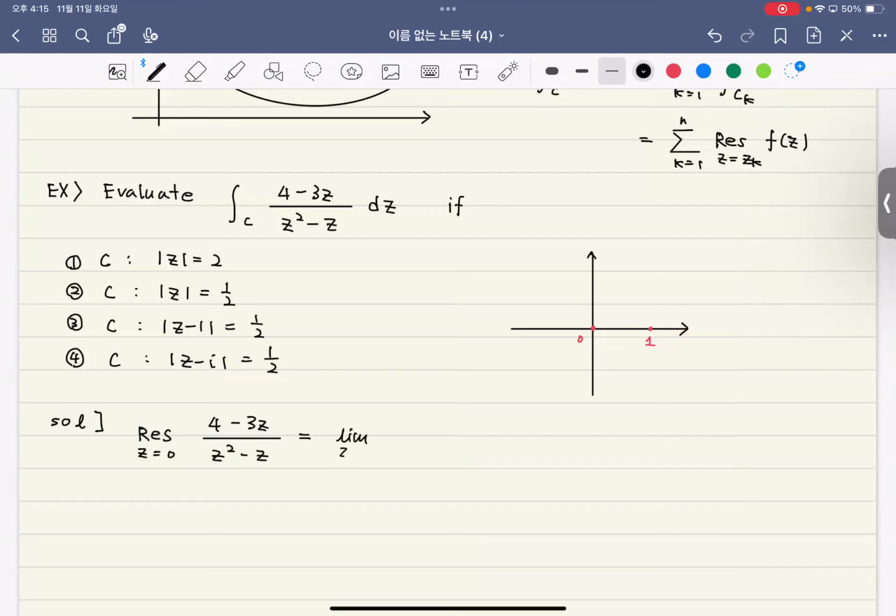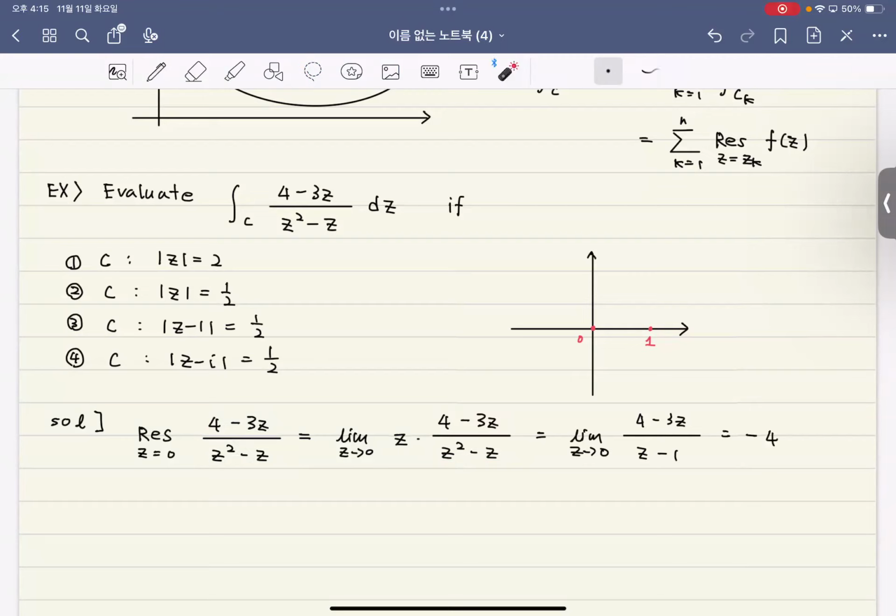I'm going to use the formula that was introduced in the previous lemma. So just multiply by z and take the limit. This is an easy computation: 1 over (z − 1)(4 − 3z), and this is a finite number, which is −4.